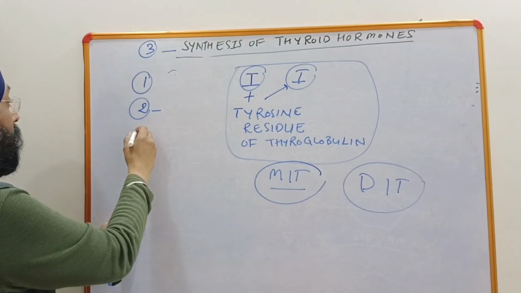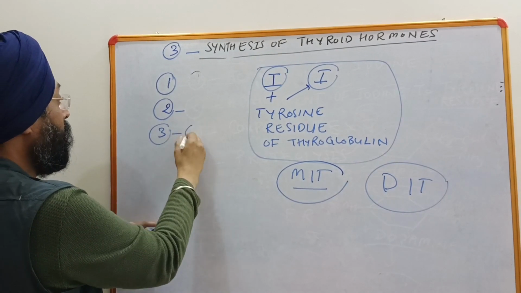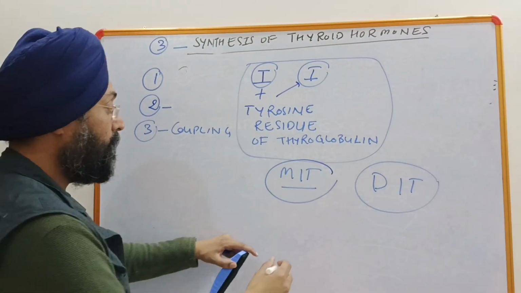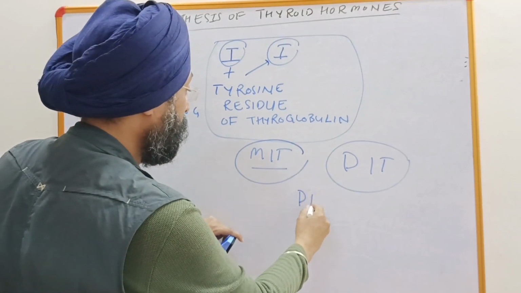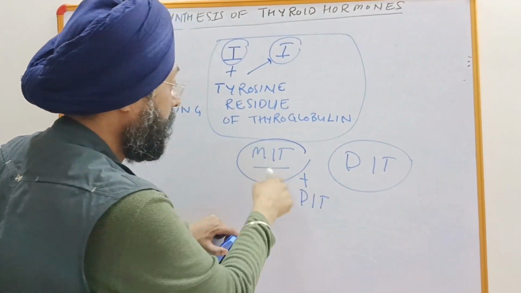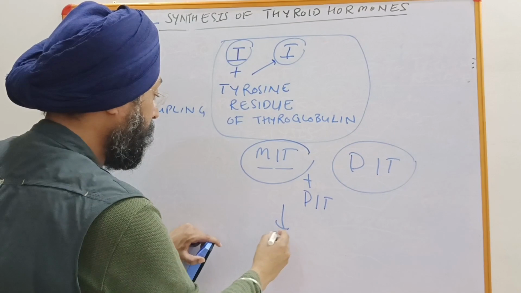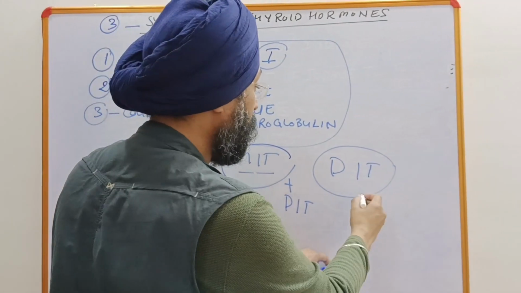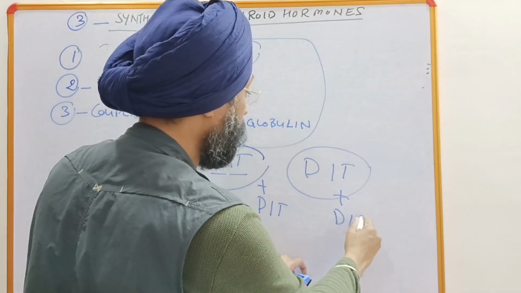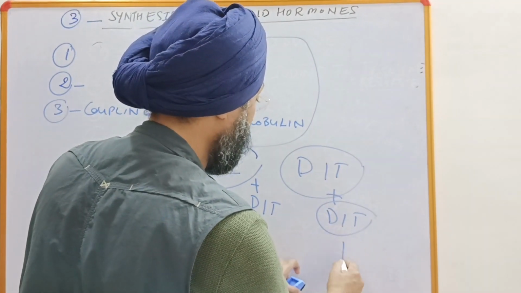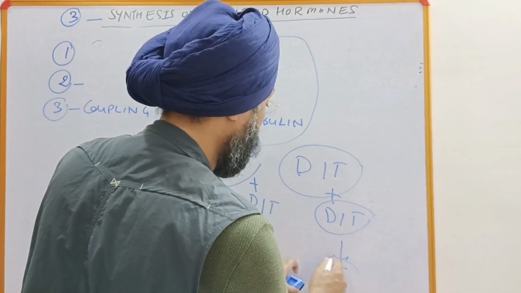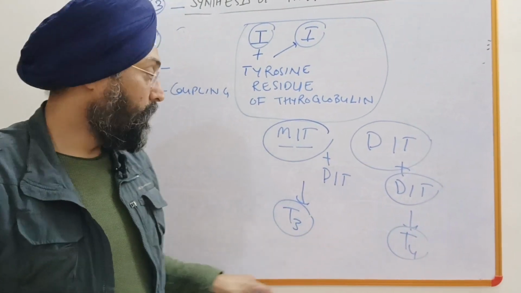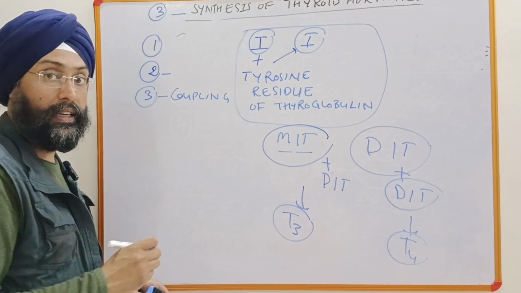Now coming on to the third step, that is coupling. In this step, if we attach diiodotyrosine and monoiodotyrosine, we will finally get T3, right? And in the case of diiodotyrosine, we further attach diiodotyrosine, and we will get T4. These are both thyroid hormones T3 and T4, which are produced in the thyroid gland.